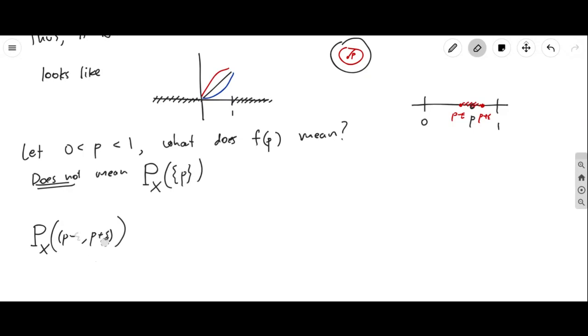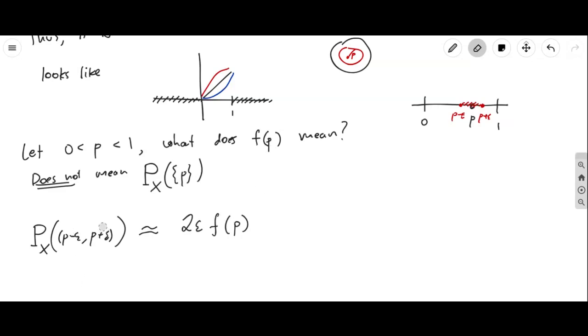So the probability of landing inside this infinitesimally small interval should be approximately equal to the thickness of the interval, which is 2 epsilon, right? That's how thick the interval is, epsilon, epsilon, 2 epsilon, multiplied by the probability density function, how high it is at that point. So multiplied by f of p, right? That's what f of p is supposed to mean. That's what that number is supposed to represent.